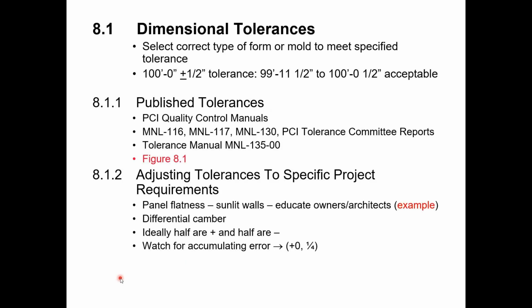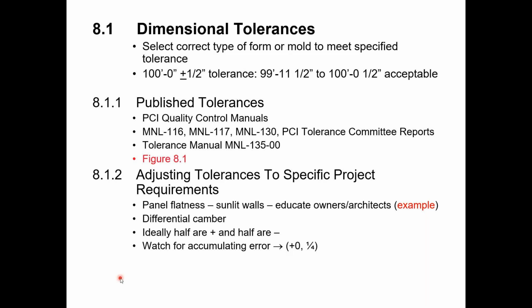And so we'll start off by talking about dimensional tolerances. This is something that all of you, I'm sure, are familiar with, especially if you're involved in the quality control department in any way.